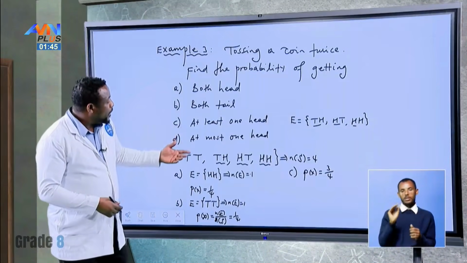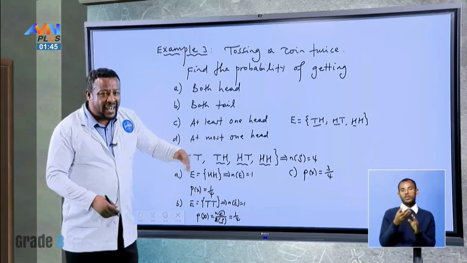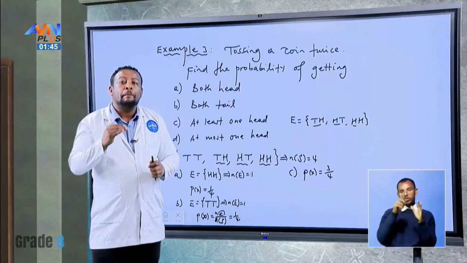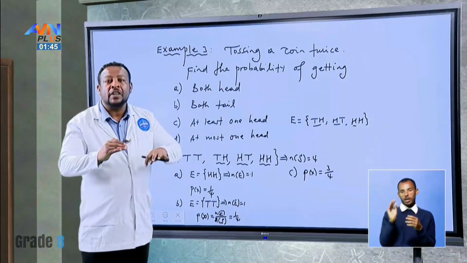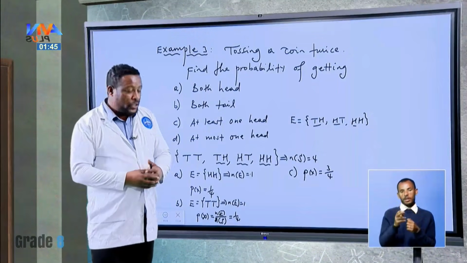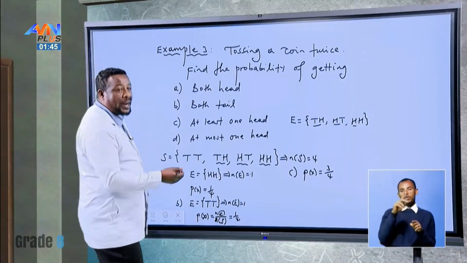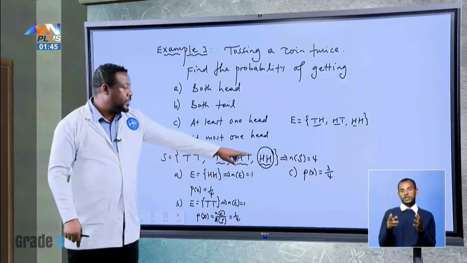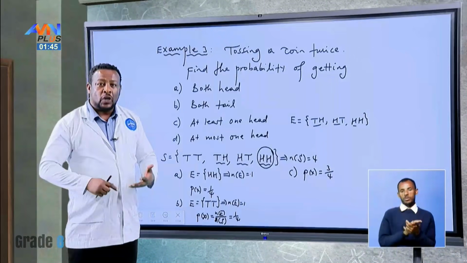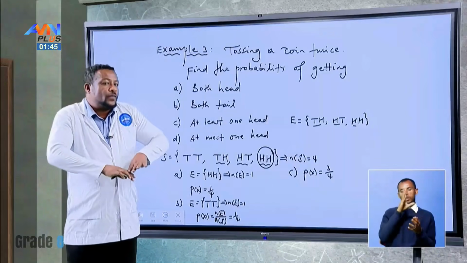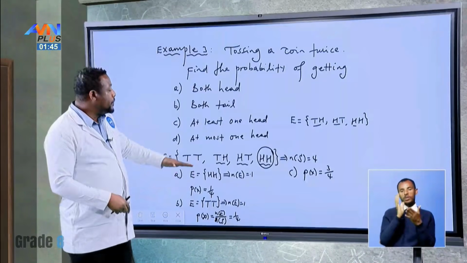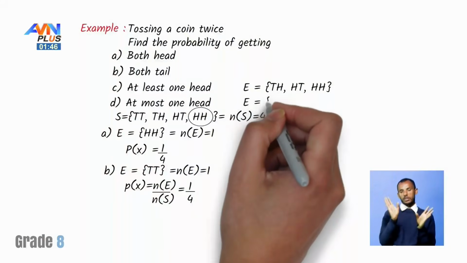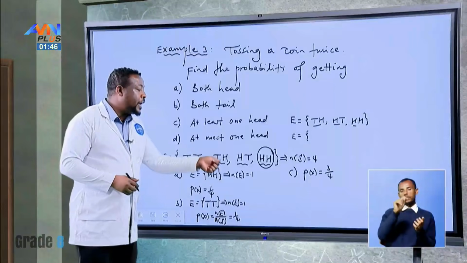And the last one is at most one head. At most one head means you can take a maximum of one head and you are free to avoid the head. So when we say at most one head, we cannot include this HH in our event because this is 2 heads. So the event in this statement will be a set containing TT, TH, HT.